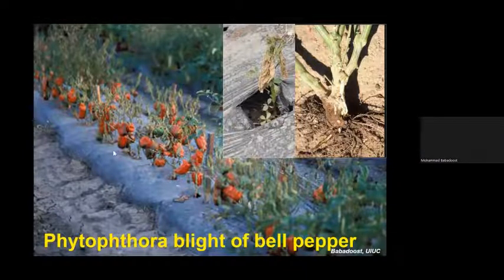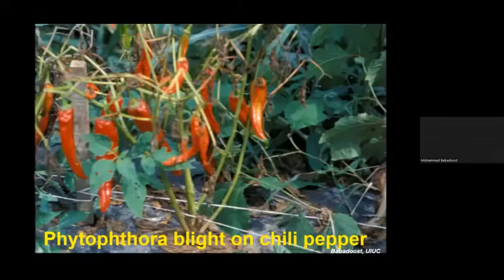You see, these plants are dying because of Phytophthora. This is a well-developed plant and infection here. And particularly infection in pepper starts from the crown section and the root, then moves up.